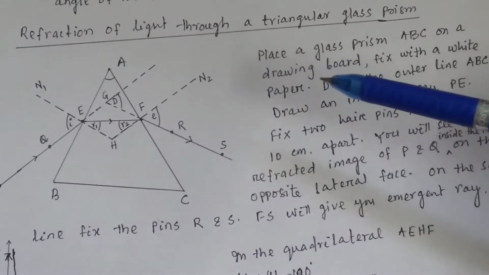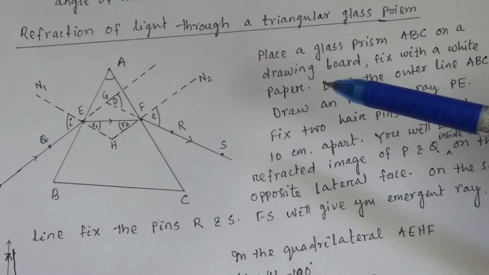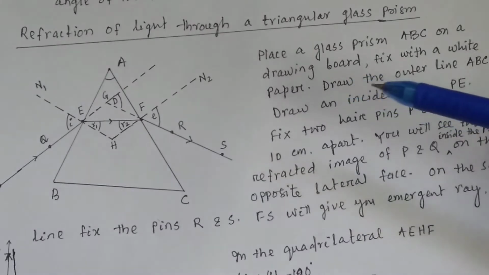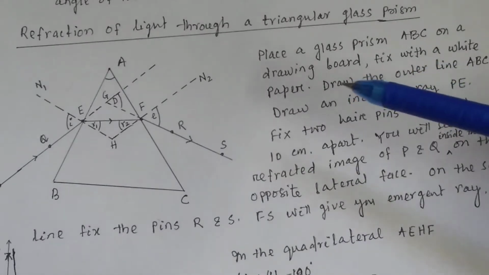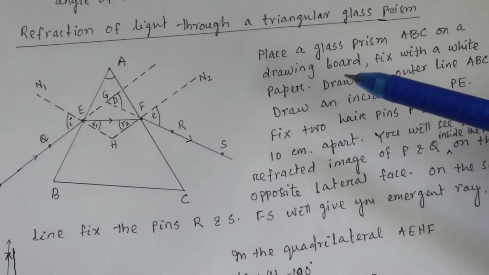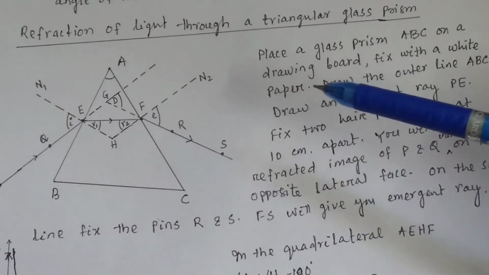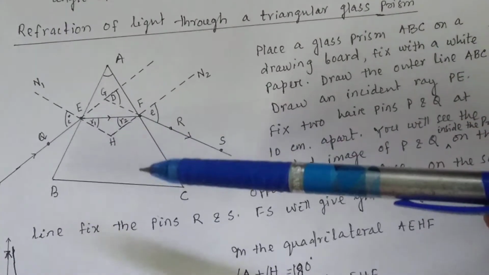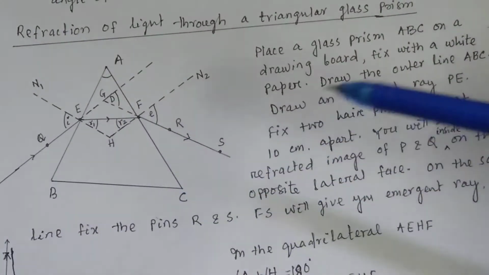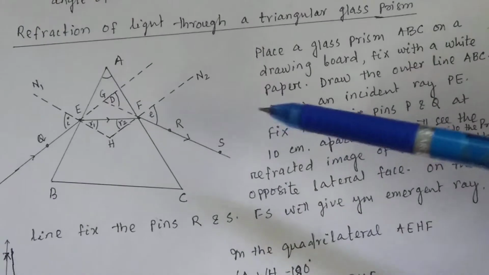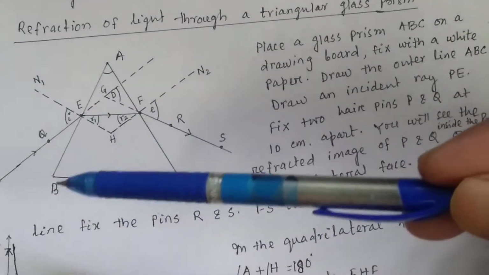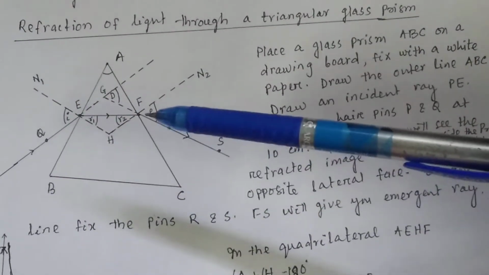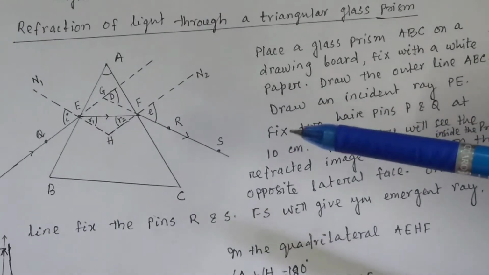To do this experiment, you take a drawing board and fix a white paper on the drawing board by means of fixing pins. You place the glass prism on the drawing board and draw the outer line ABC of the prism.